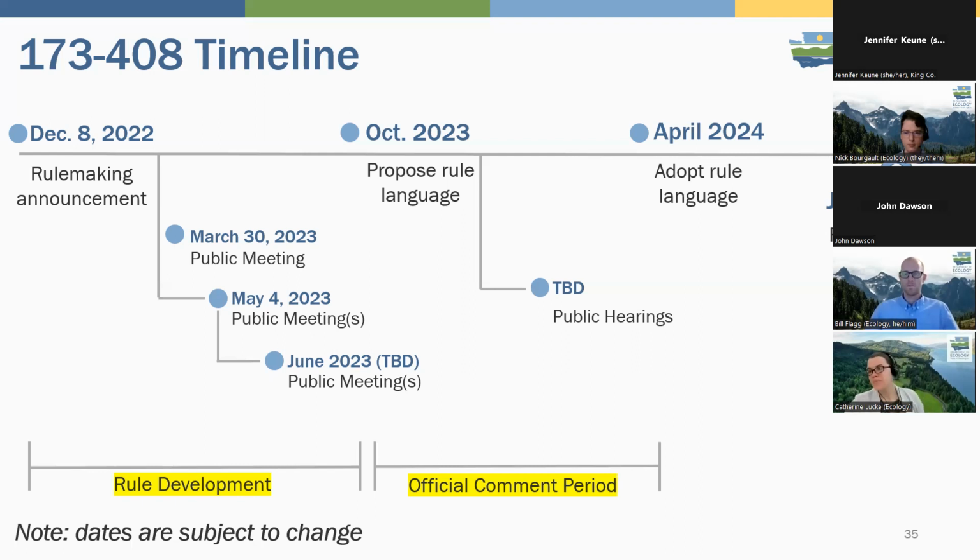I would encourage Ecology to look for opportunities to leverage and align with those sources of data so that the landfills subject to this rule are not having to double the effort for reporting. So looking at things like the timing of when this data is due and the format that it's due, I really encourage Ecology to try to leverage those other resources.